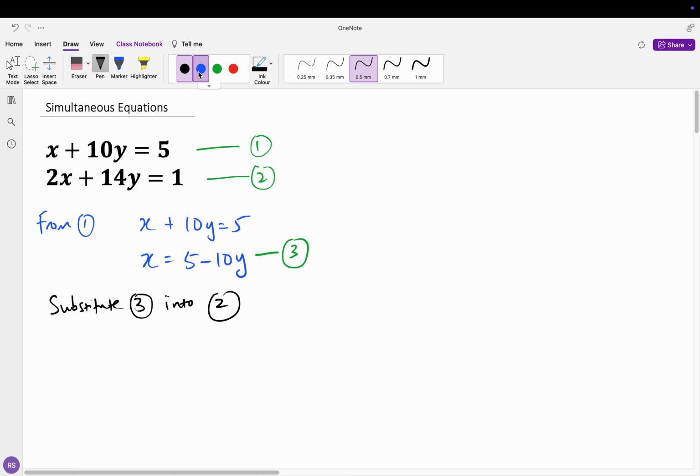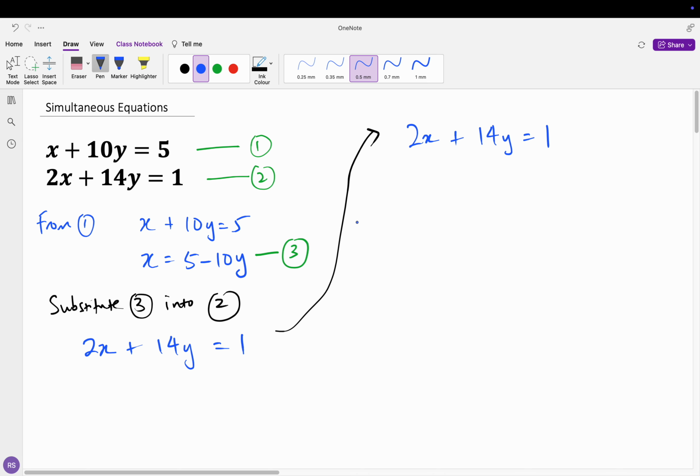So what is equation 2? Equation 2 is 2x plus 14y equals 1. Let me continue this over here so there's more space. So let me rewrite it: 2x plus 14y is equal to 1.